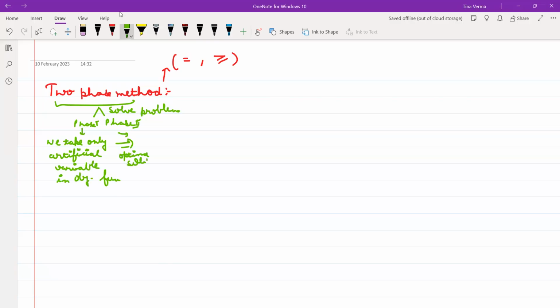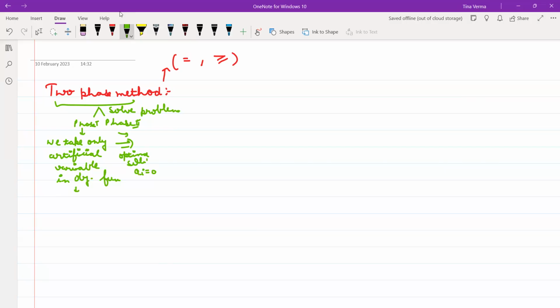So when you move to phase 2, अगर आपका artificial variable last के table में present नहीं होगा, and if it is present, it should not be non-zero, sorry, it should not be present, and if it is present it should be equal to 0. Only then can you start your second phase.